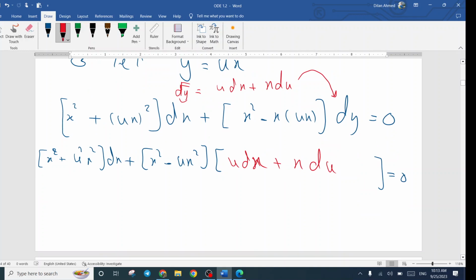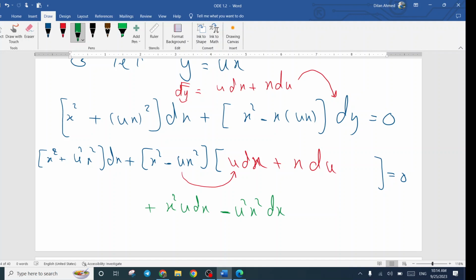You can see from here, let me multiply here to there. So I'll get what? x squared u dx. Am I right? Yes? Okay. Then what? x squared u dx minus u squared x squared dx. Clear?